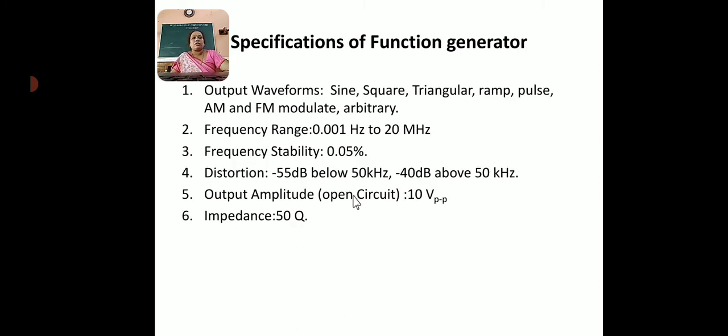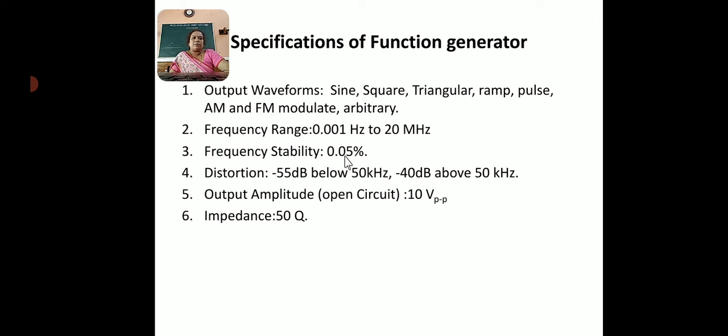The next topic is the specifications of a function generator. Following are the typical important specifications. First one is output waveforms: sine, square, triangle, ramp and pulses. The frequency range is 0.001 Hz to 20 megahertz.